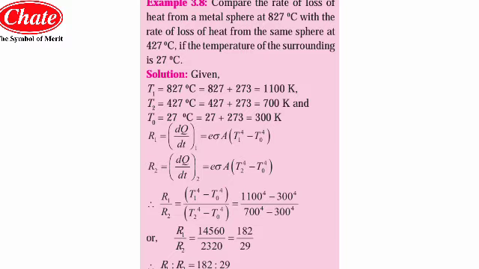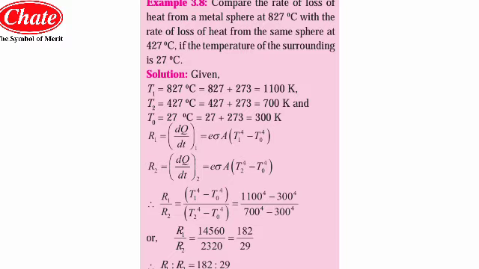Now one by one we will write the given things. The given T1 is equal to 827 degrees Celsius. So this first absolute temperature will be converted into the Kelvin. 827 plus 273 is equal to 1100 Kelvin. Similarly we will take the second temperature also, that is T2, 427 degrees Celsius.